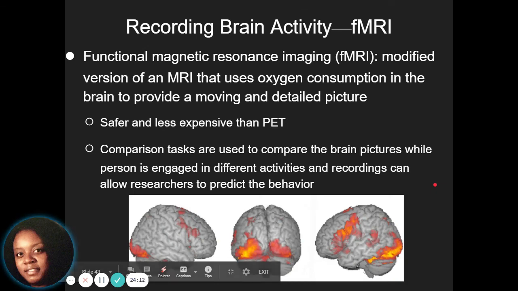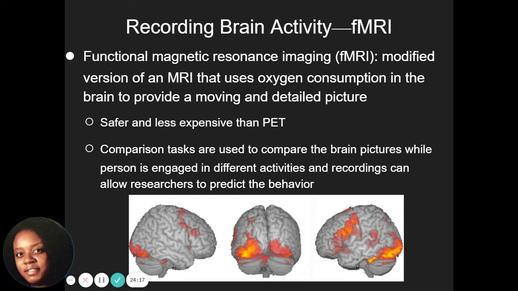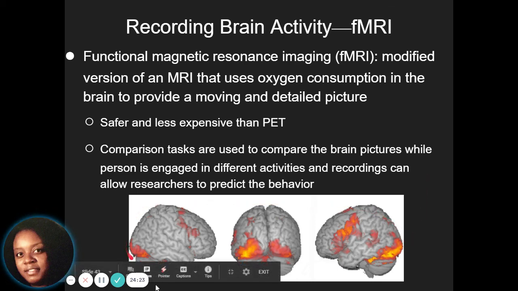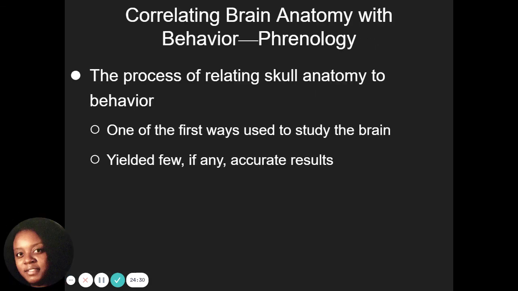A functional MRI is a modified version of an MRI that uses oxygen consumption in the brain to provide a detailed picture. And through a functional MRI, you can see all of these things. It's much safer and less expensive than a PET scan.